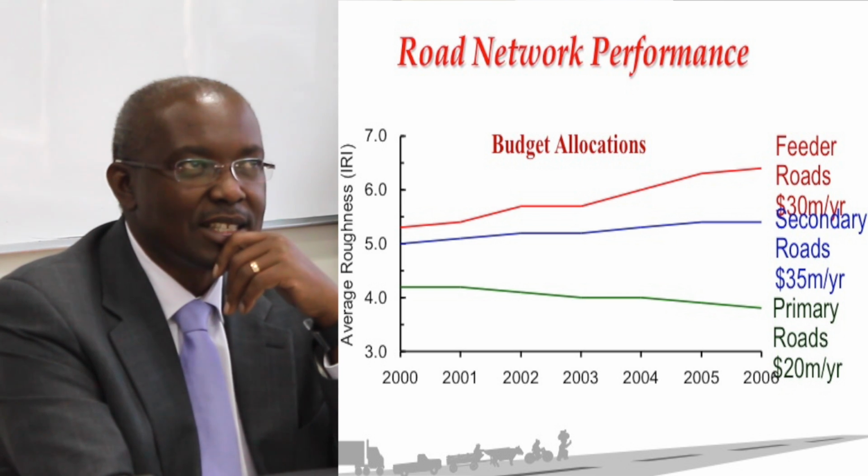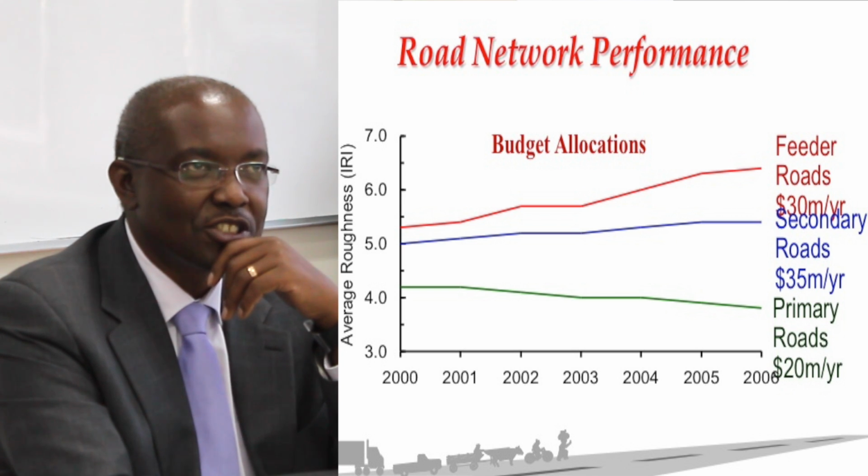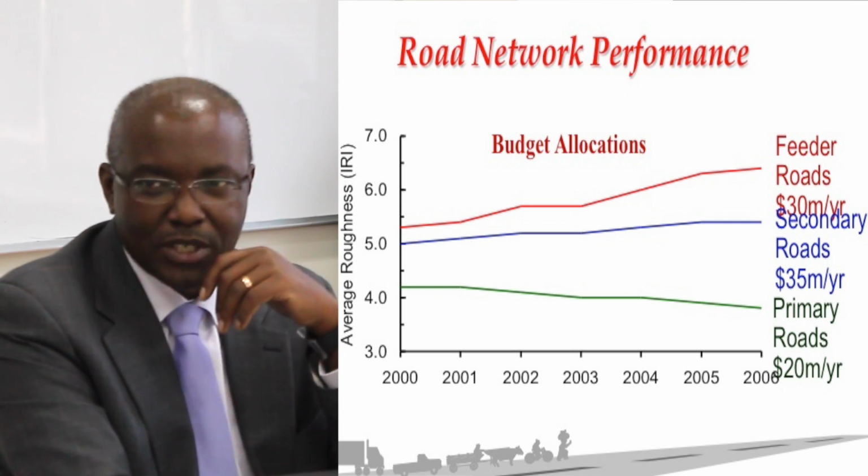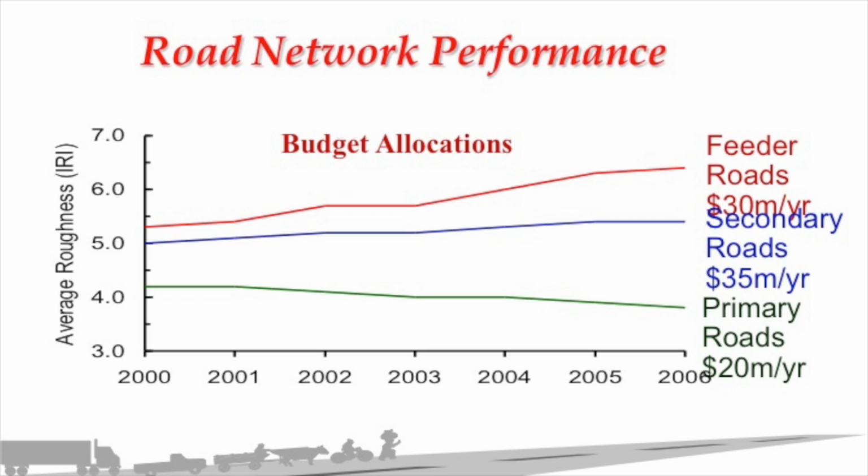So what this is saying is, if you want to keep your road network at the current average condition, you need to be budgeting about $15 million per year. But if you want to improve, and your target is to improve to say something around 3.5, again, IRI is a measure of riding quality, you don't need to worry about it for the time being. The key thing is the trend in the graph is improving.